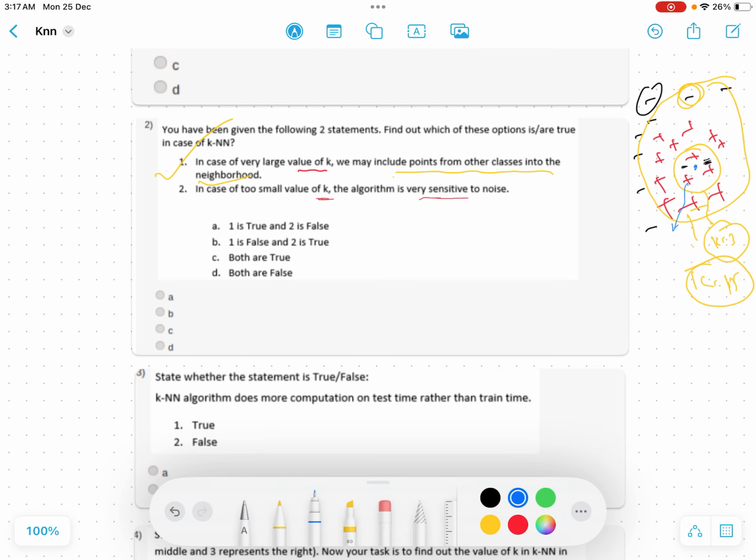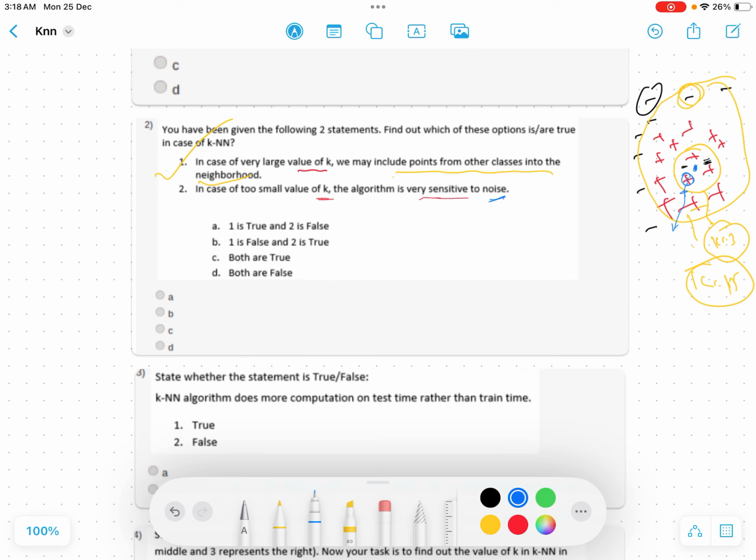The decision may change due to variation in these data points. If some point has noise, it may appear somewhere here that is not in the neighborhood of the test point.